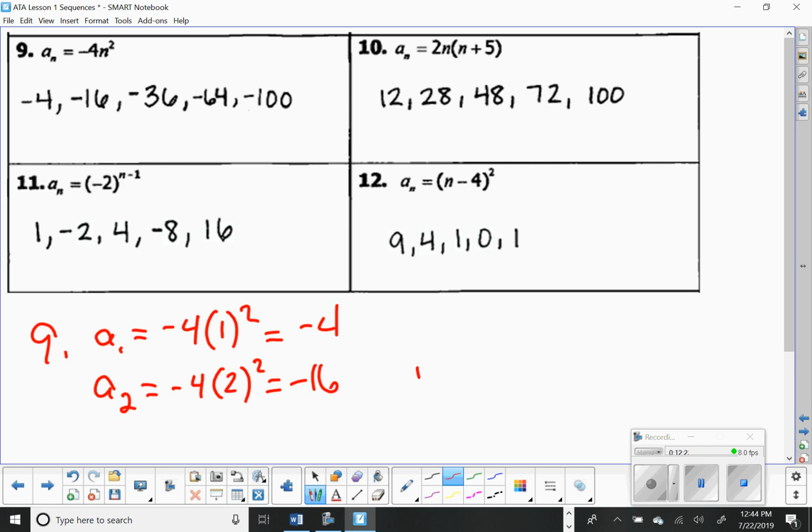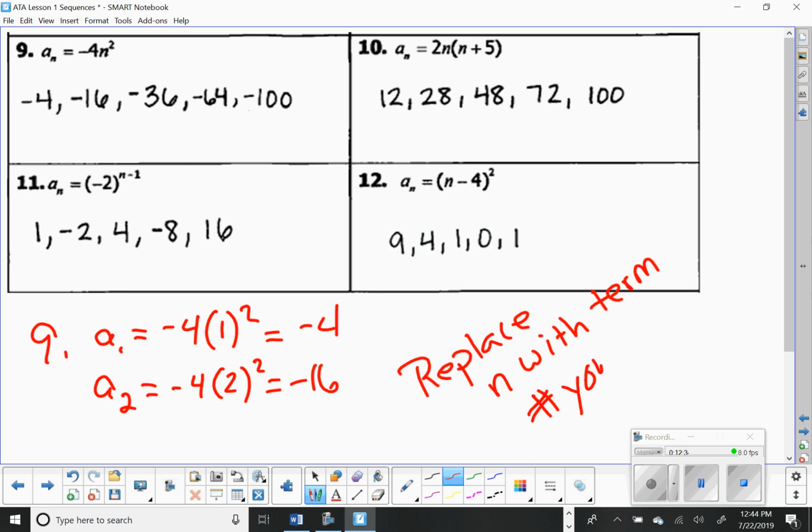Okay? You simply replace n with the term number you want the term value for. Okay? That's it.